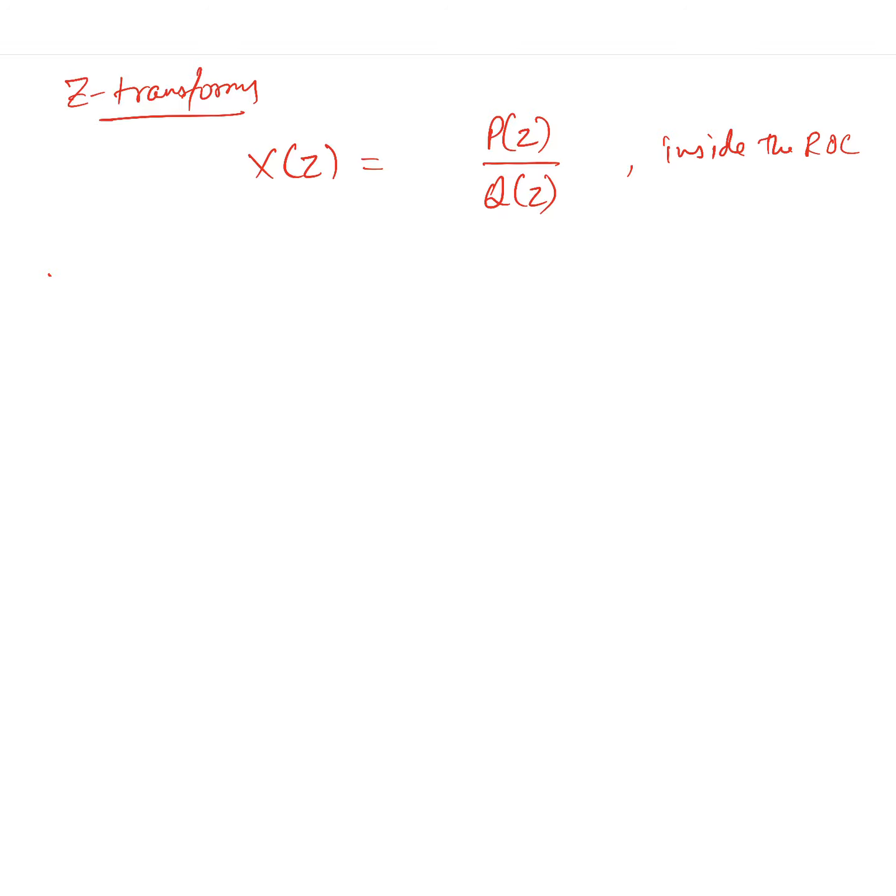So first of all, the values of z for which you have X of z equal to 0, we denote all those z's as the zeros of the system, and values of z for which you have X of z equal to infinity are defined as the poles of that rational function. Okay, so we will use these notations later on when we study more about computing the response of the system.